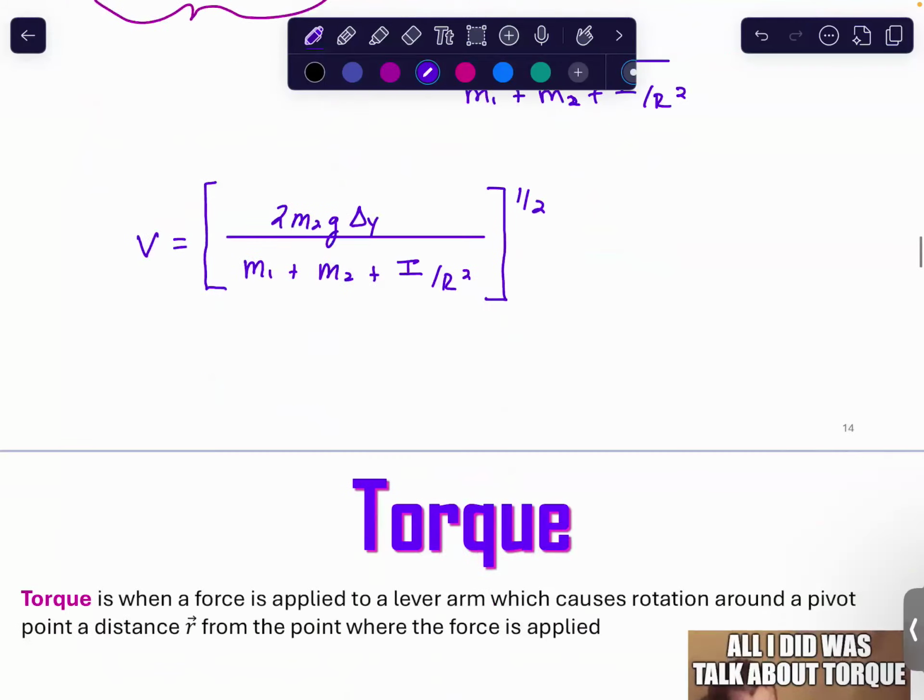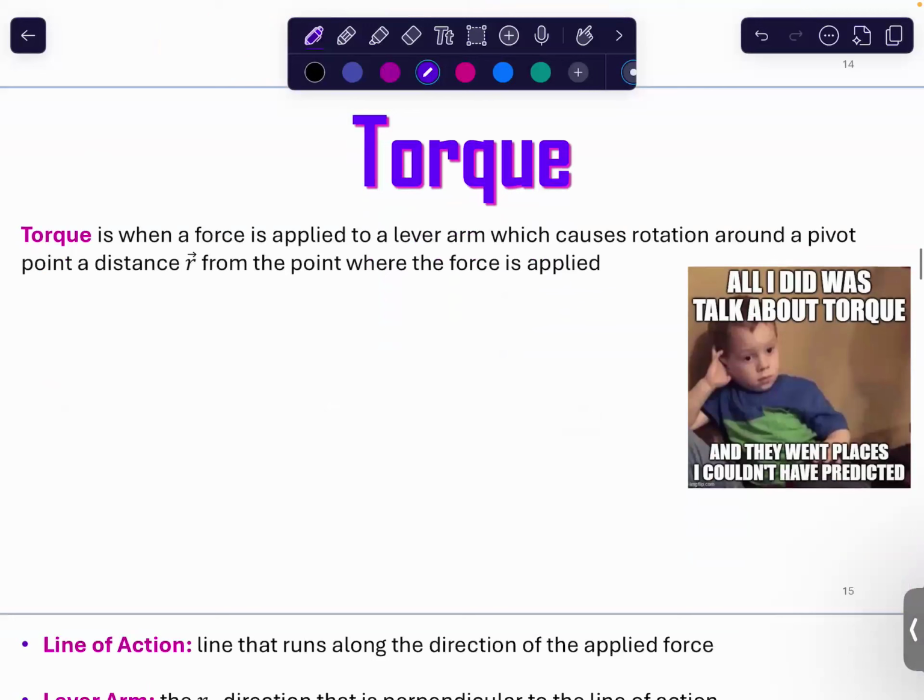Okay, the next thing we're going to talk about is the idea of torque. So basically torque is when a force is applied, it causes the system to move in a circle. Okay, so let's think about that. Let's just start and make a pivot point. We're going to give ourselves some kind of lever arm. And then I'm going to apply a force F at some angle.